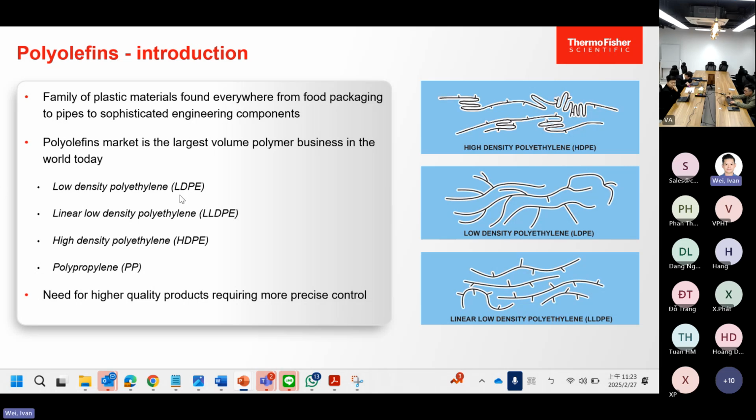Applications such as LDPE, low density polyethylene, linear low density polyethylene, OPP, polypropylene, all those plastic manufacturers, we're able to implement our Prima Pro or Prima BT in their lab or their process manufacturing sites.